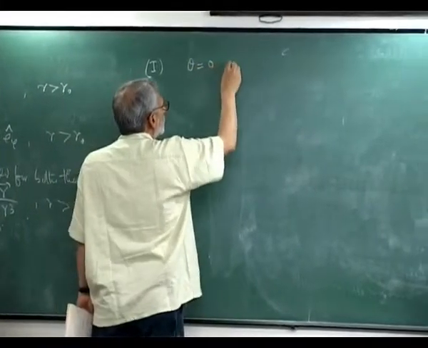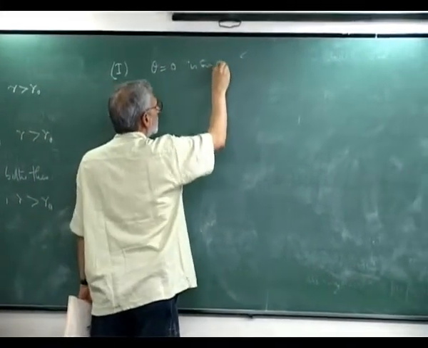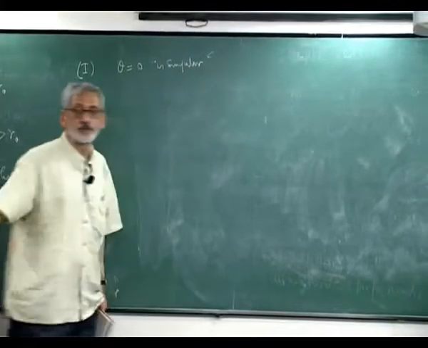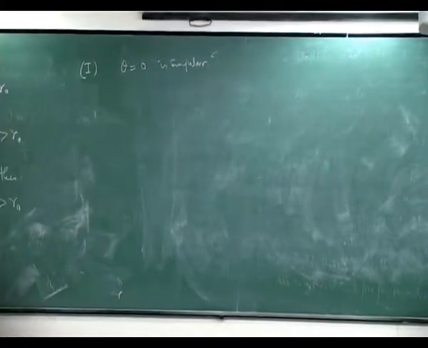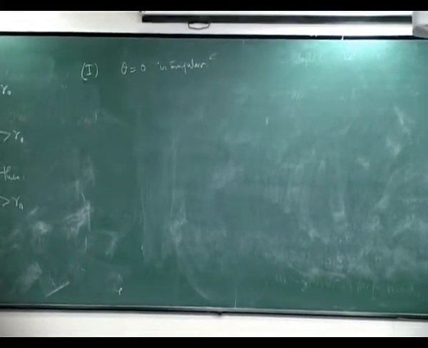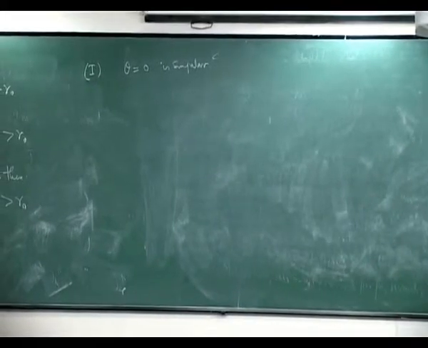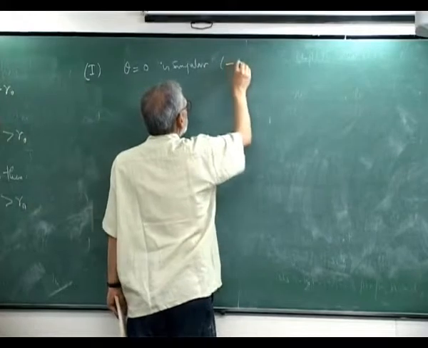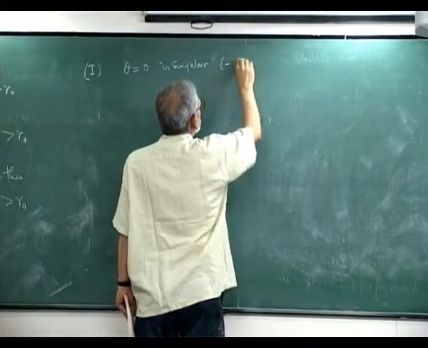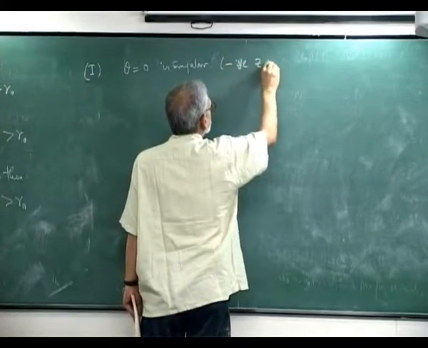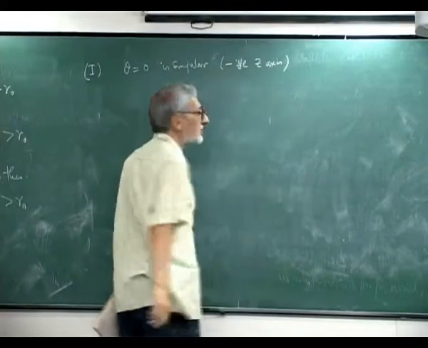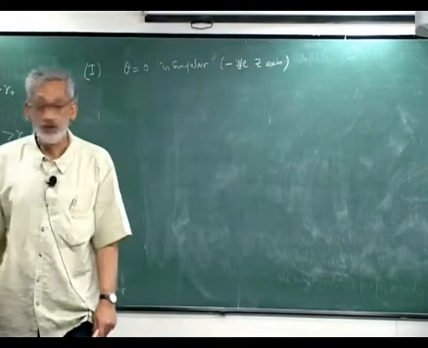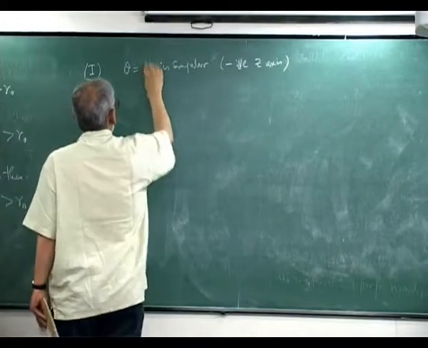Theta equal to pi is singular. That is the negative z axis.